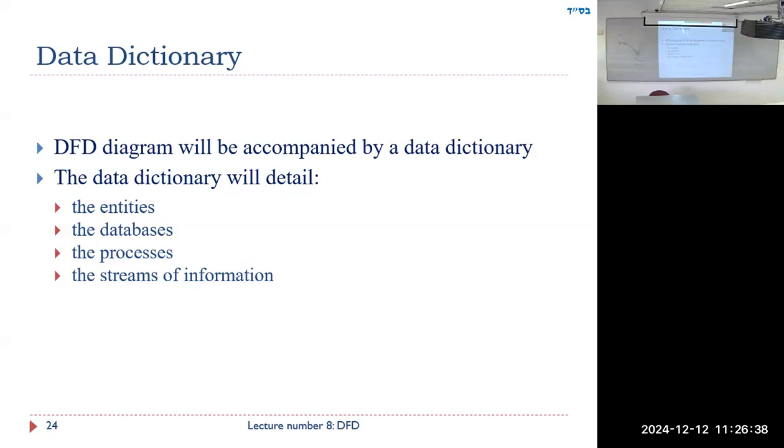And also the database, I have to explain what's being stored in the database. Data stream is the easiest one to explain. If I have a process called create account, and from the user, it says account information on the arrow. Remember on the arrow, you write what information is being passed? If you write account information, it's fine, but what is account information?